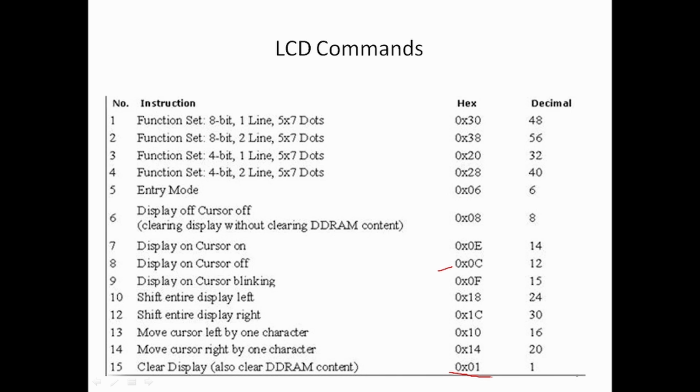Now how to write a command? You have to simply make RS equal to 0, and then send this command 01 on D0 to D7, right? So it will clear the LCD, whatever message was there, it will clear everything, right?